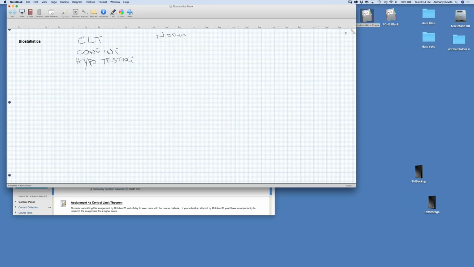Hypothesis testing, and particularly where it involved numerical variables. In other words, where we were talking about means and standard deviations and so on. And that hypothesis testing typically involved a t-test.